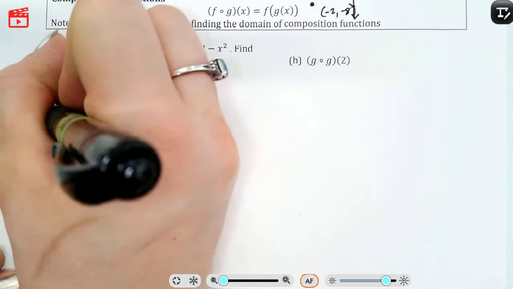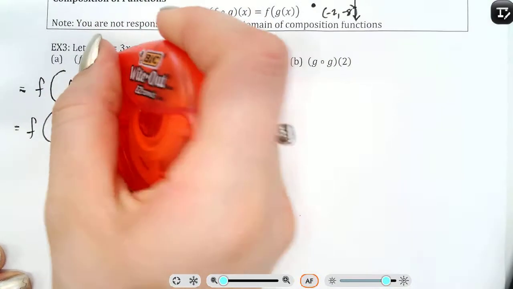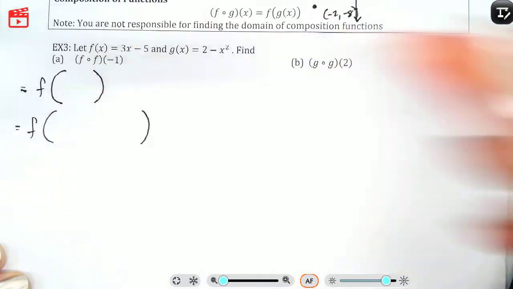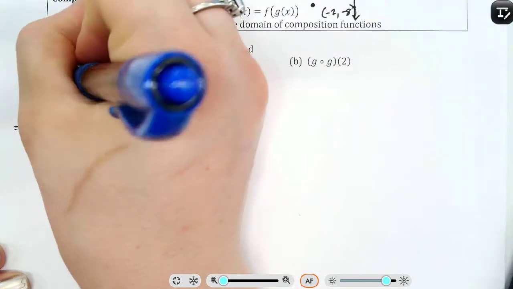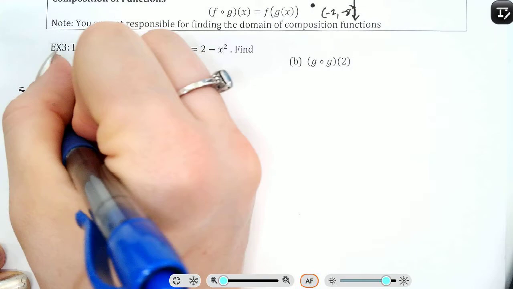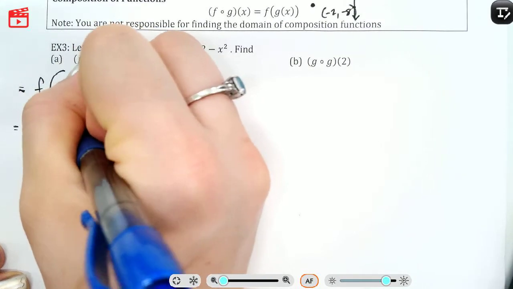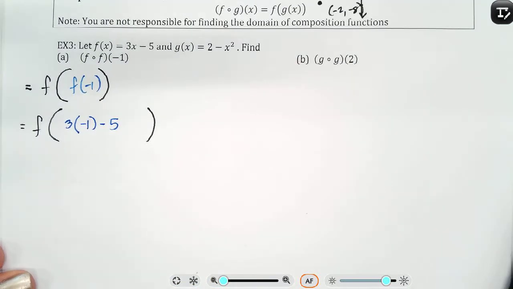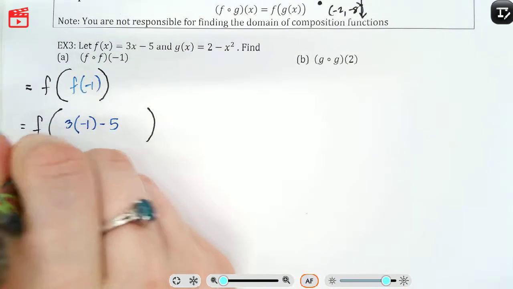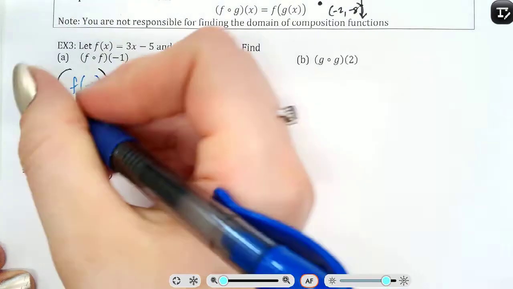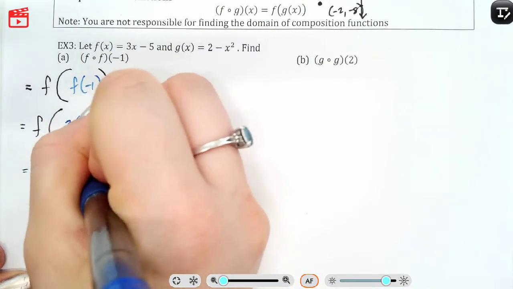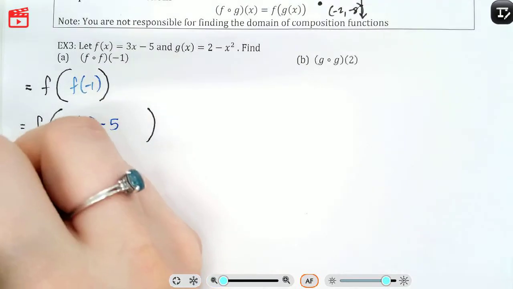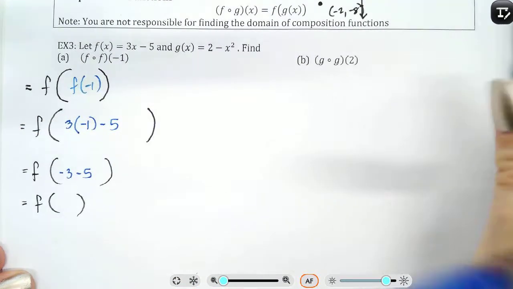Let me color coordinate this. f of -1 is going to be 3 times -1 minus 5. Well, that is going to end up being -3 minus 5, which is -8.